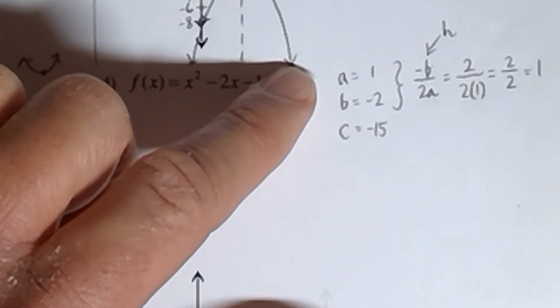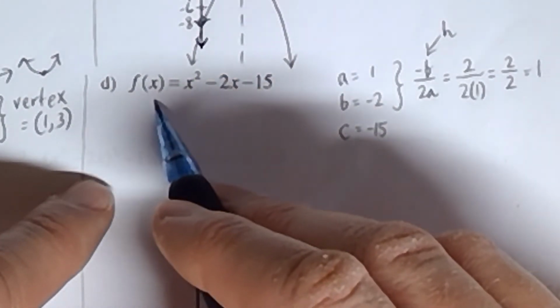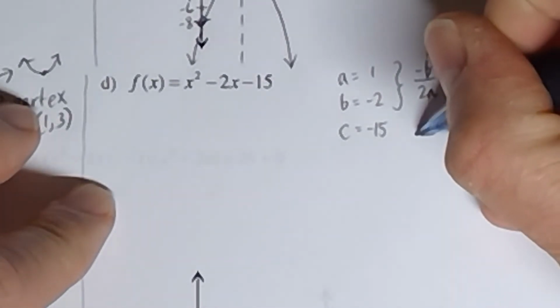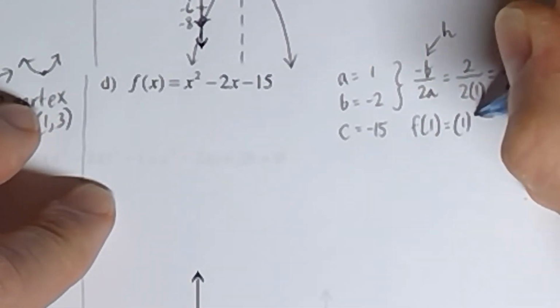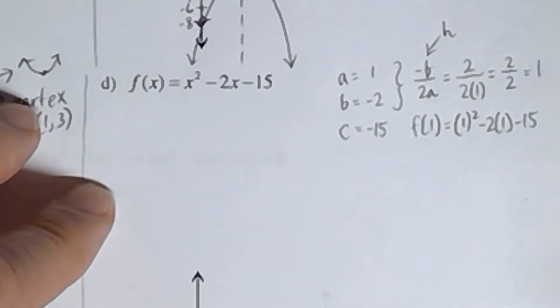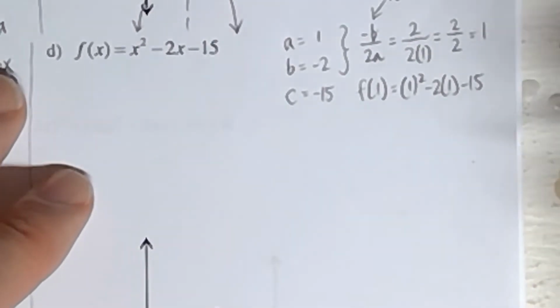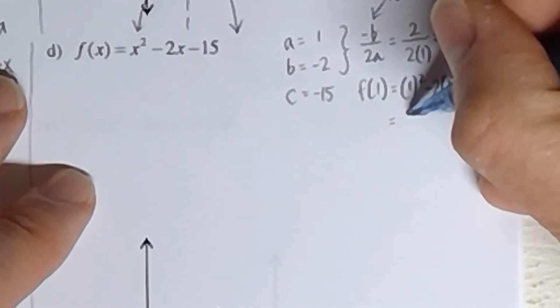All right, so then what is the K part? The K part is figured out by plugging the 1 into X right here. So let's do that. What is f of 1 equal to? It is equal to 1 squared minus 2 times 1 minus 15. Let's just figure it out the way we normally do when we plug stuff into functions.